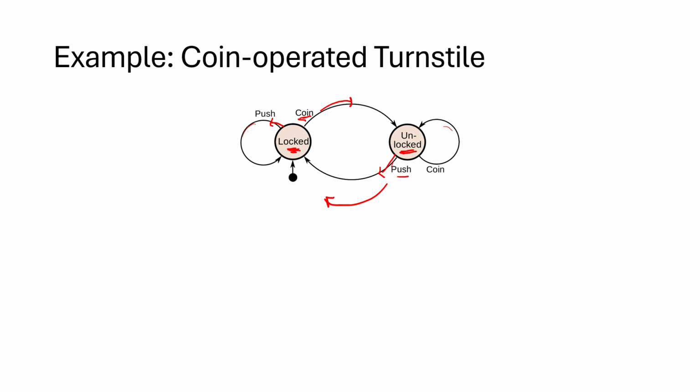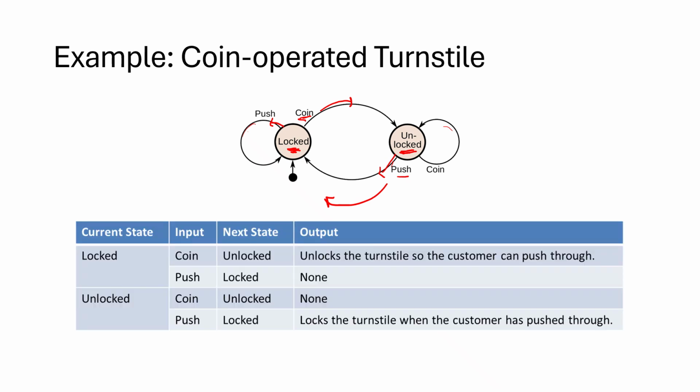Another thing that we can do here is summarize all of what's happening in the diagram in this table. On the first column we have the state, the current state. It's either locked or unlocked. Then on the second column we have the input, what the user, the client does.